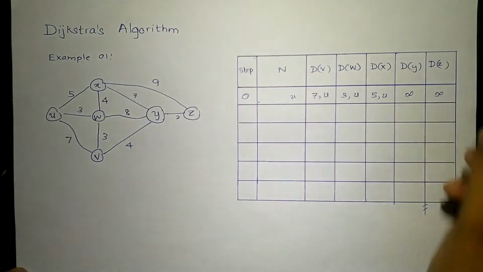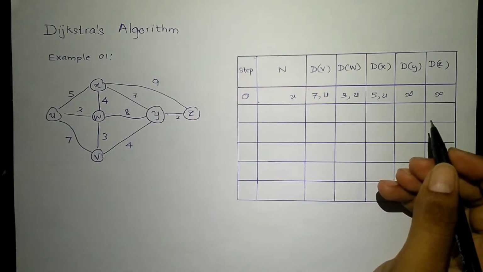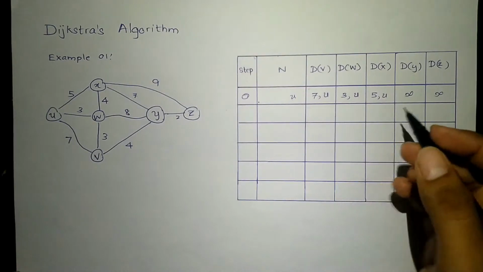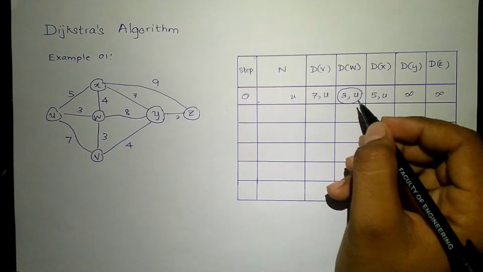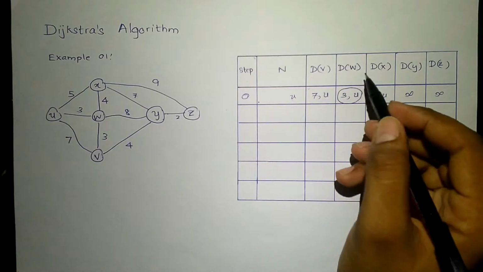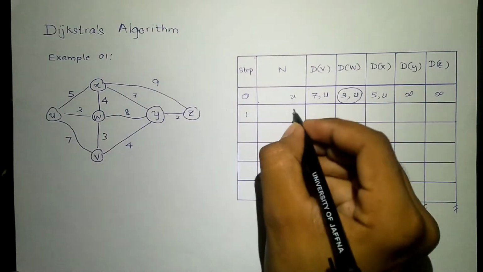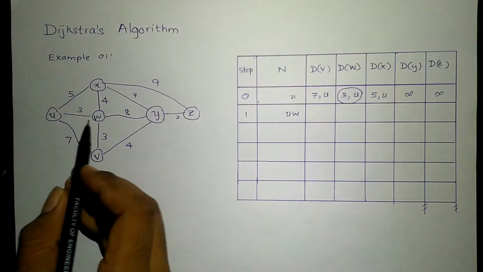After filling this row, we need to consider the lowest value from this data. Here you get 3 as the lowest value. So we need to circle that value and go to the W value. So we write as first step UW.